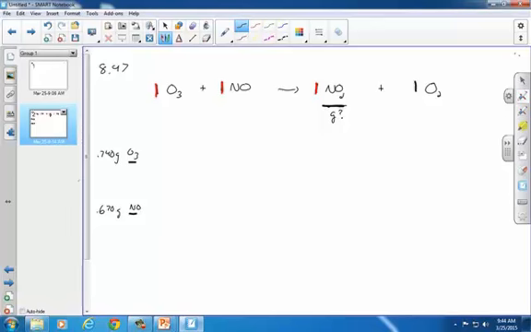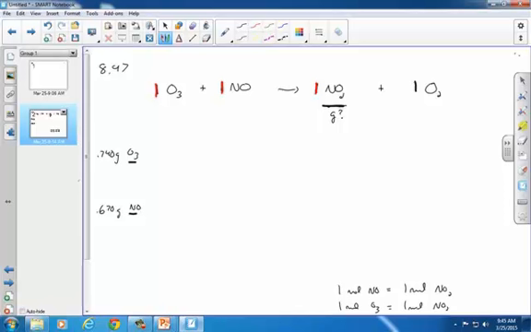So if I'm working out my relationships, I can say 1 mole, in this case, of O3 will produce 1 mole of NO2, because the ratio happens to be 1-to-1. If in the balanced reaction I have different coefficients there, those coefficients would come into play in that relationship. And I can also say, because it's a 1-to-1 ratio in the balanced reaction, 1 mole of NO equals 1 mole of NO2.